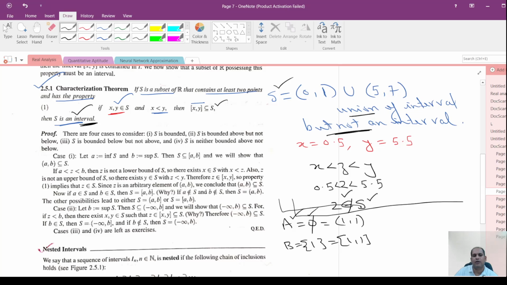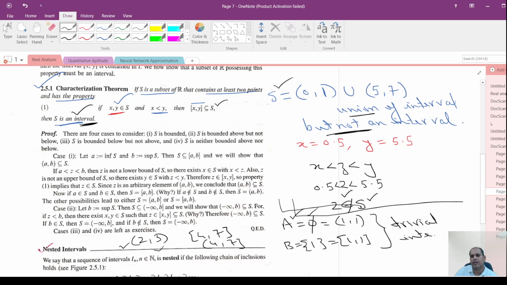So these are examples of intervals. For example, the open interval 2, 3, any closed interval without a gap, say 4, 7, or open at 4 and closed at 7. All these are intervals, including the trivial intervals. These two are called trivial intervals.